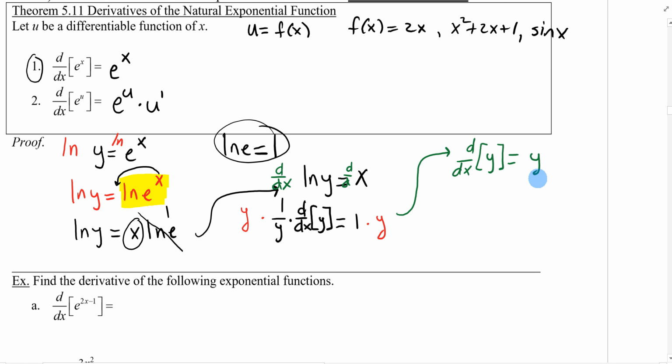Well, what is y in the beginning of the proof? Y, I had said, was e to the x. So rewriting y, the derivative of e to the x is e to the x. And that's the proof for number 1.